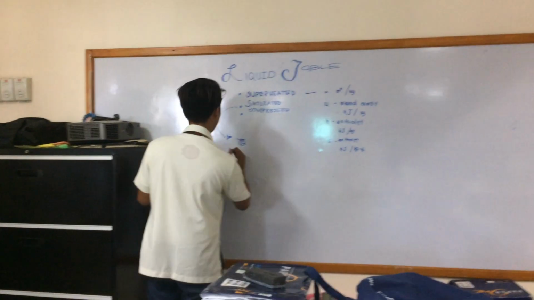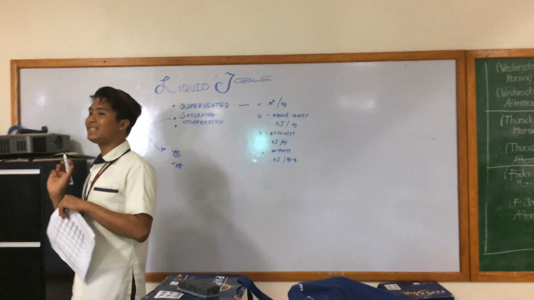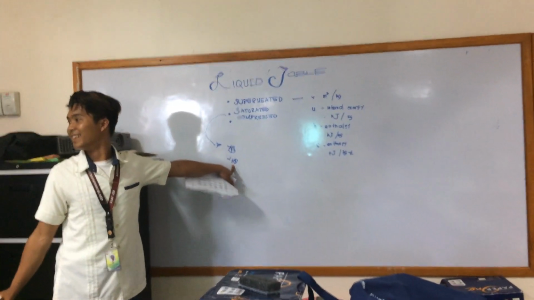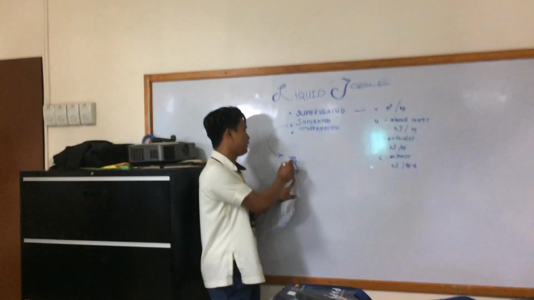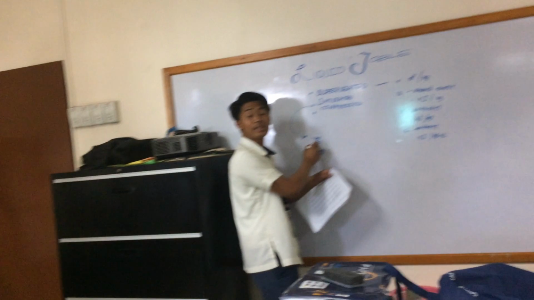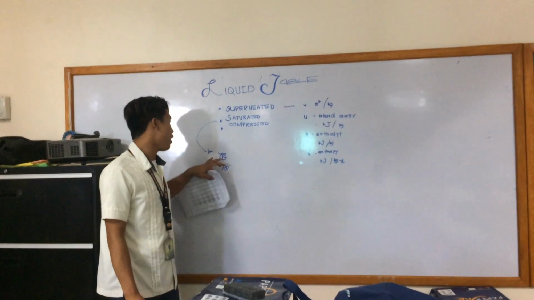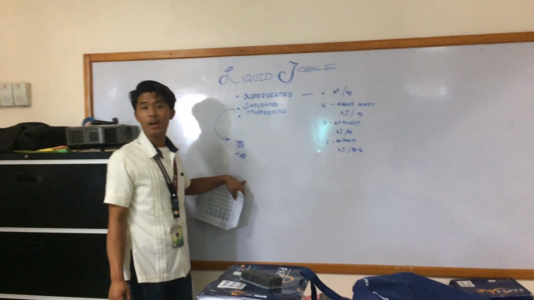And after that, what does the letter g stand for? Saturated vapor. So it is the saturated specific volume of a liquid and of a vapor.